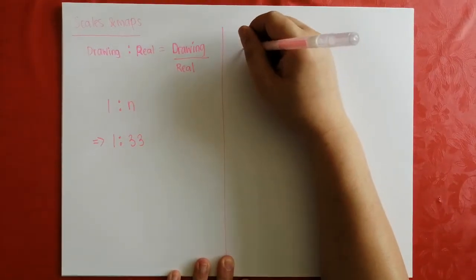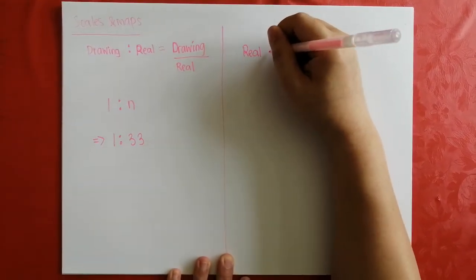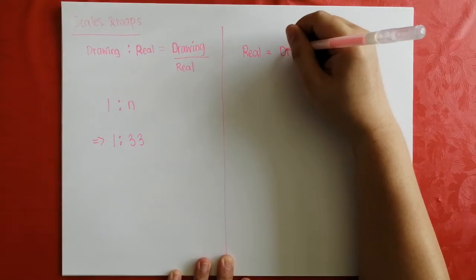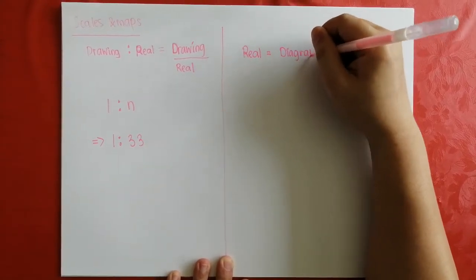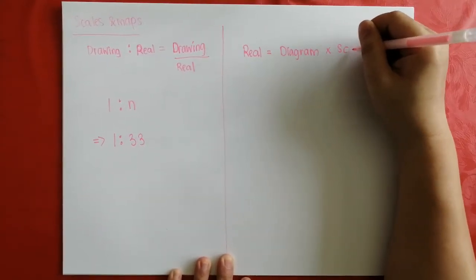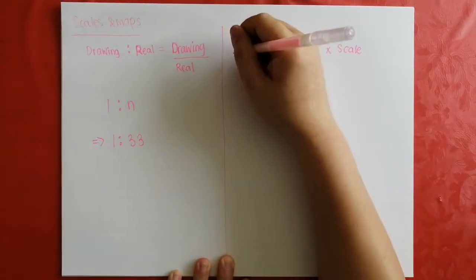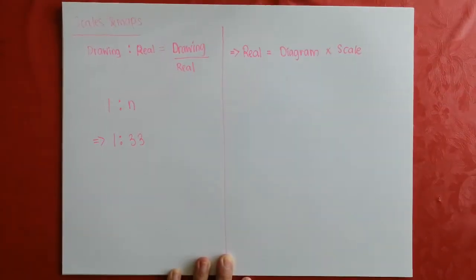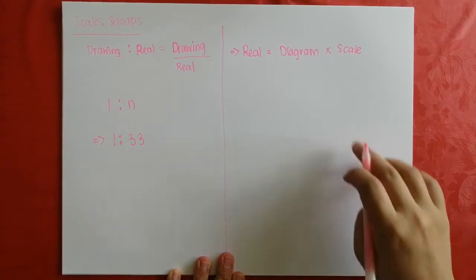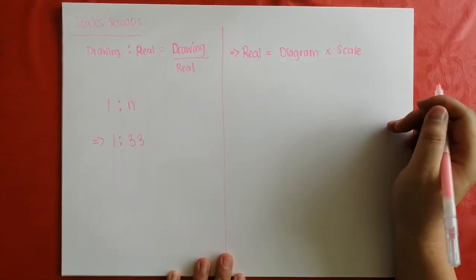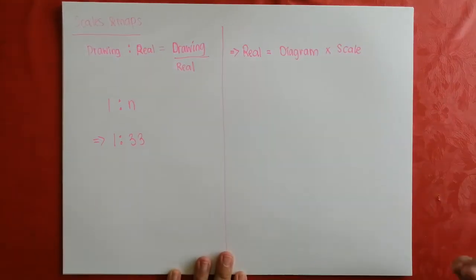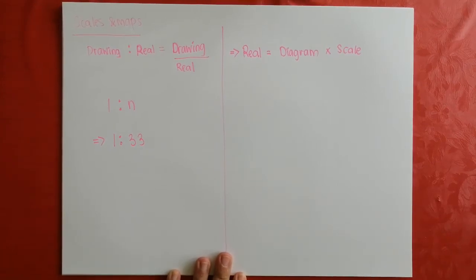The first one: if you are asked to find the real length, it equals the diagram length multiplied by the scale. If you want to find the real length, we just multiply the diagram length by the scale, because in real life the object should be bigger or longer.